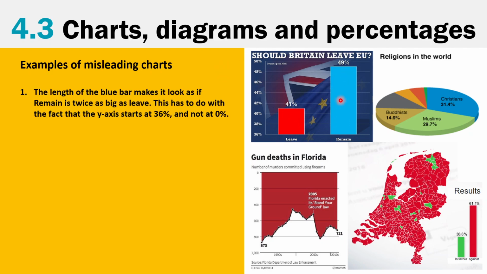The length of the blue bar is now a lot longer than this one, which makes it seem like remain is twice as large as leave, which is not the case. So you have to start the axis at 0%, and then you will find two bars which are a lot closer together. For example, this one doesn't seem too misleading.